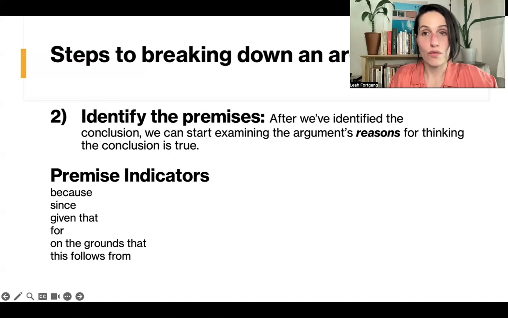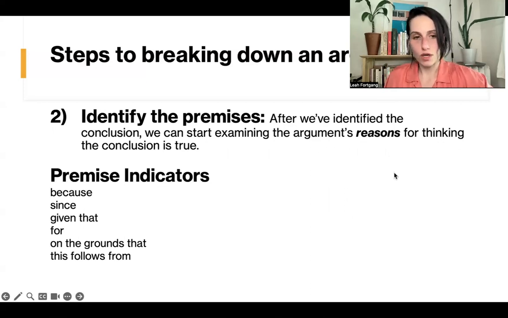Okay, so premise indicators. There are a bunch of indicators out there. Sometimes you'll see these indicators to help you identify premises, and sometimes you won't. These are words like "because," "since," "given that," "for," "on the grounds that," "this follows from," right? That kind of language. Oftentimes, though, you're really not going to get any indicator for premises.